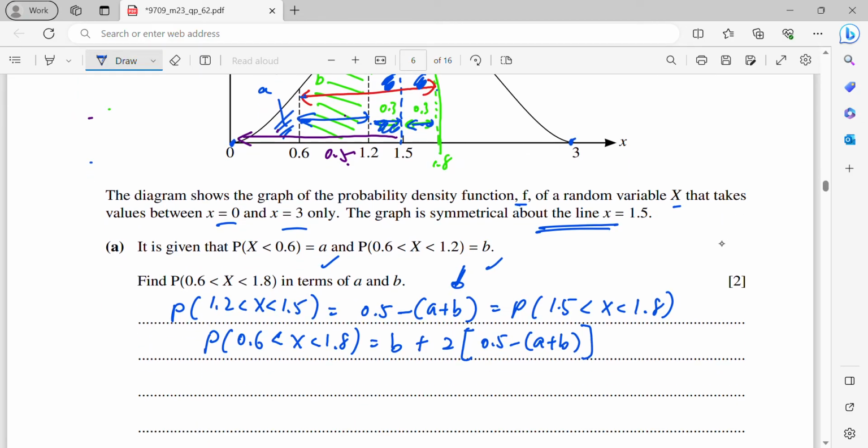Now I will open the brackets. So B plus, this is going to be 1. Then the 2 multiplied with the negative together with A becomes minus 2A, together with minus 2 multiplied by B, I get minus 2B. So at last, I get 1 minus 2A minus B. That is my probability between 0.6 and 1.8 in terms of A and B.